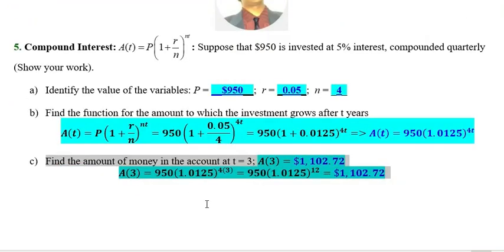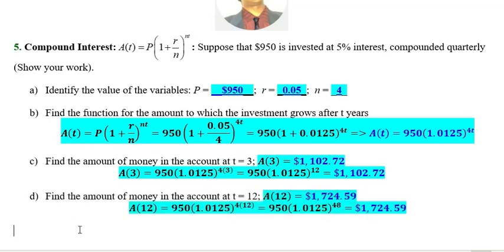Find the amount of money in the account at t equals 3, which is 3 years. That is A of 3 equals 950 times 1.0125 to the power of 4 times 3, which is 950 times 1.0125 to the power of 12, which is $1,102.72.